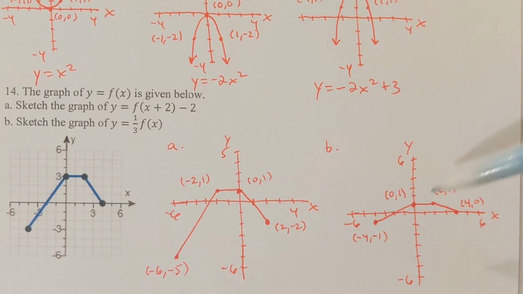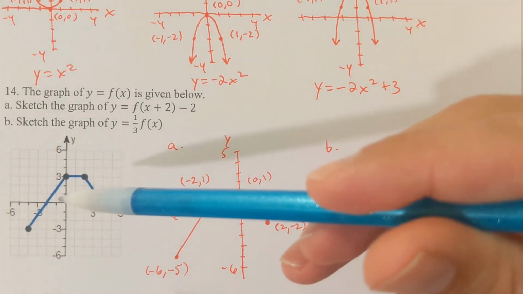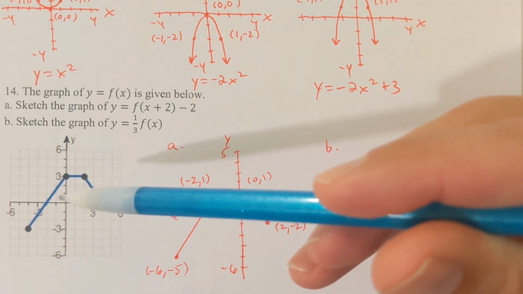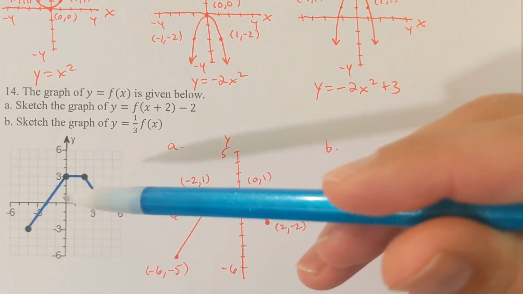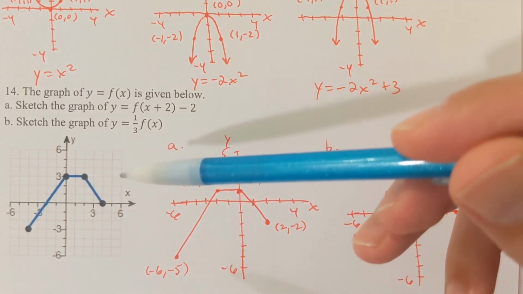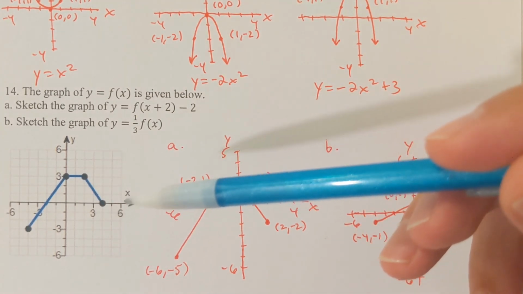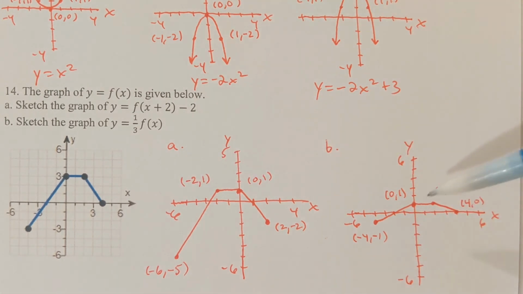Okay, and here's negative 2, 0. When I multiply the y value by 1/3, that doesn't do anything with negative 2, 0. It's going to stay right at negative 2, 0. So I want to make sure that this line segment crosses at negative 2, 0, if possible. Okay, and here'd be my answer then.